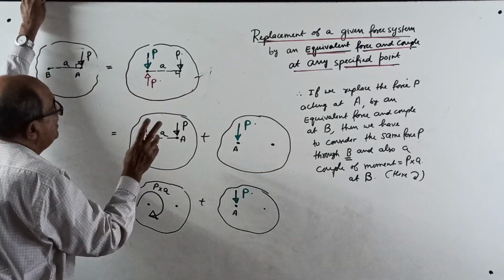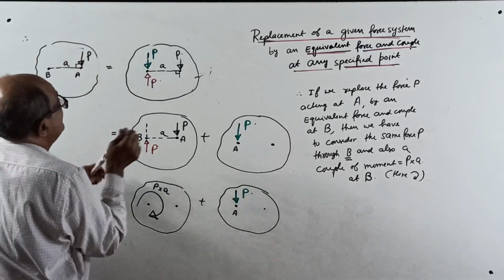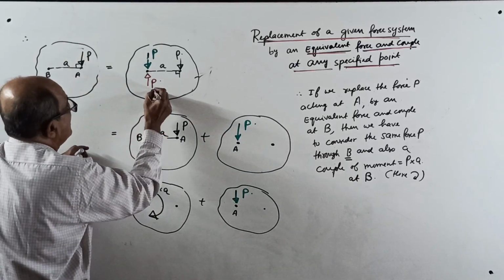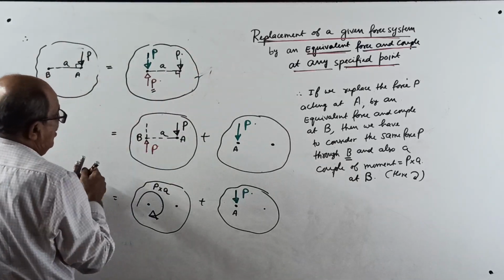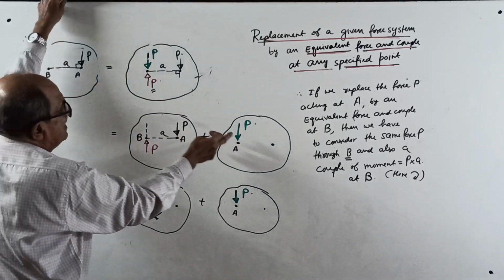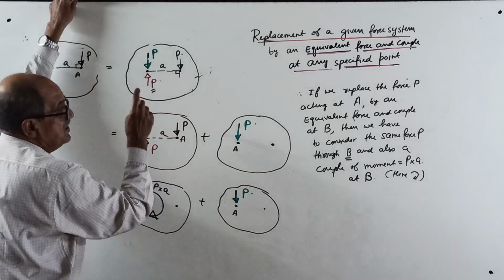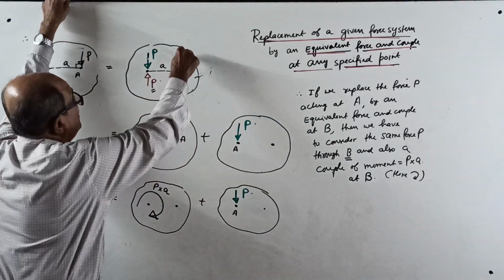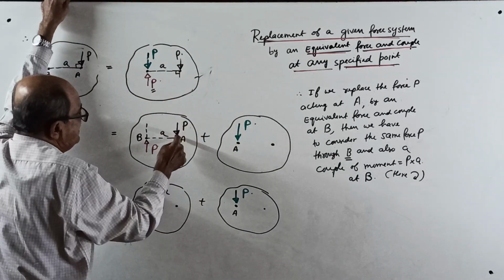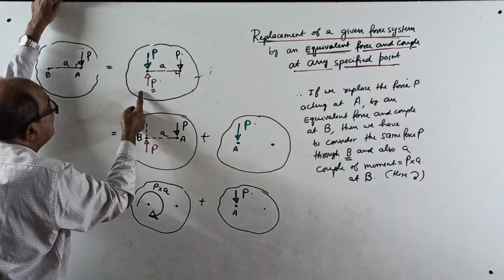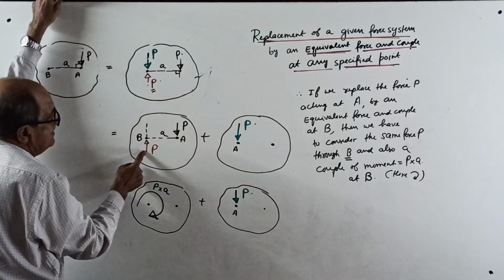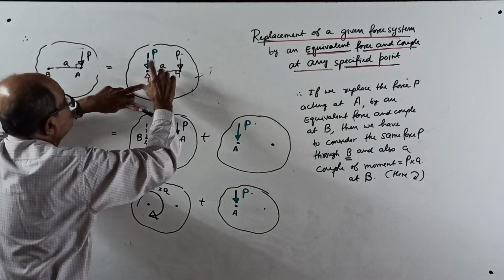Here, what you will do is, first consider this red color P and the original P. Now consider this: you divide into two parts. In the first part, you consider the original force P at A and the opposite force P at B. See, this one and this one you consider here.